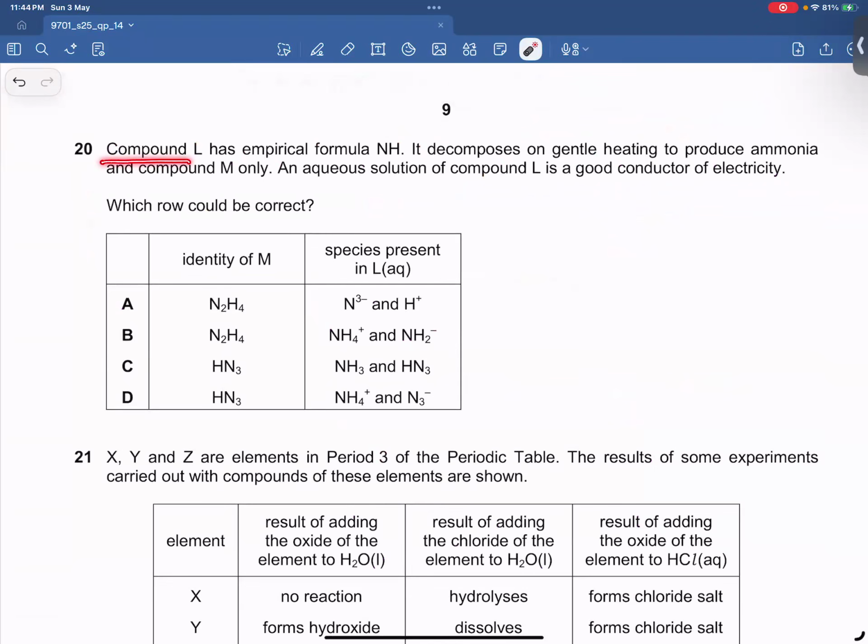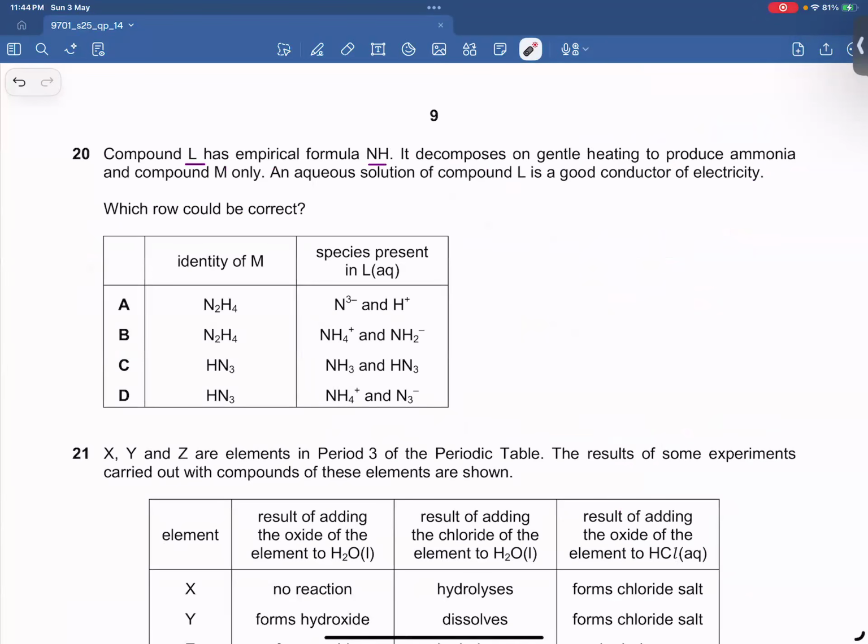Compound L has empirical formula NH. Okay. It decomposes on gentle heating to produce ammonia. All right, that's a very powerful statement.